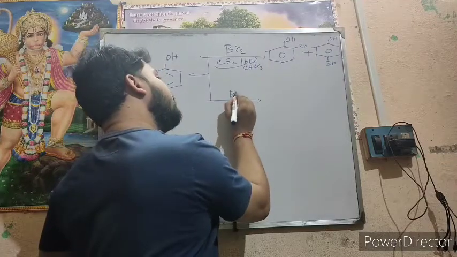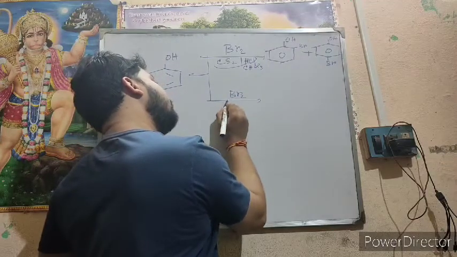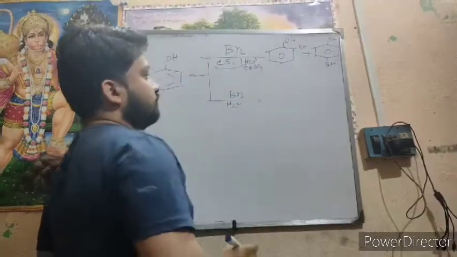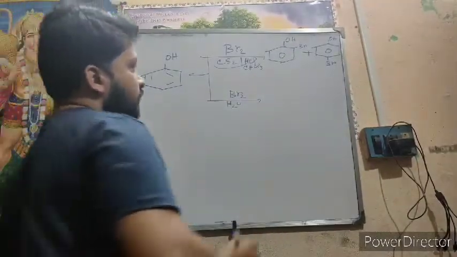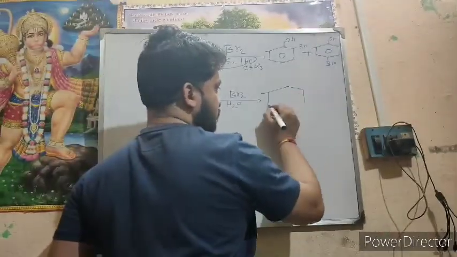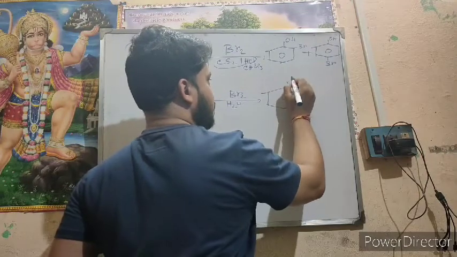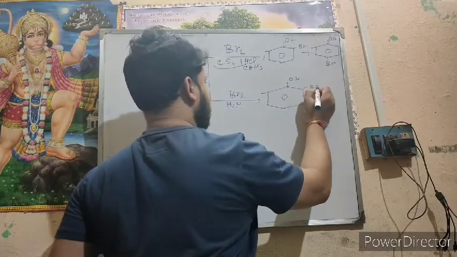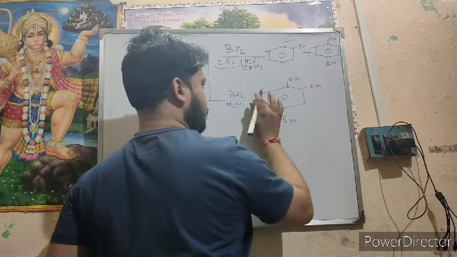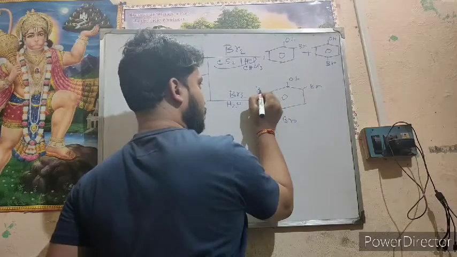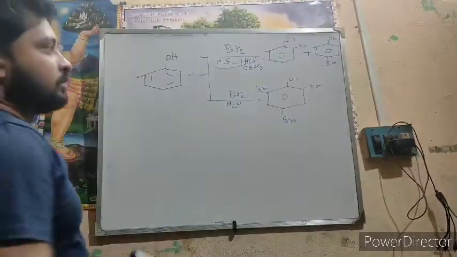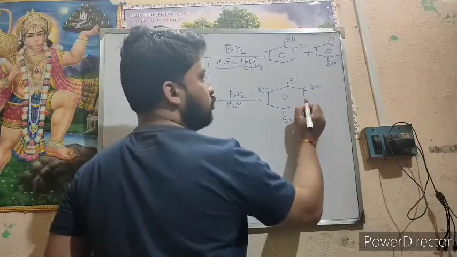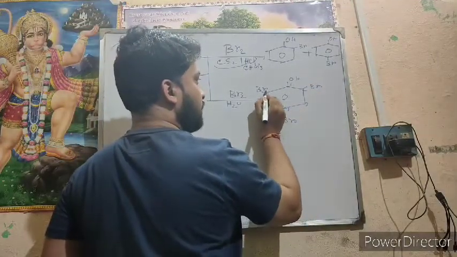But if you react bromine with aqueous solution, with water, you get this product: Br at positions 1, 2, 3, 4, 5, 6.